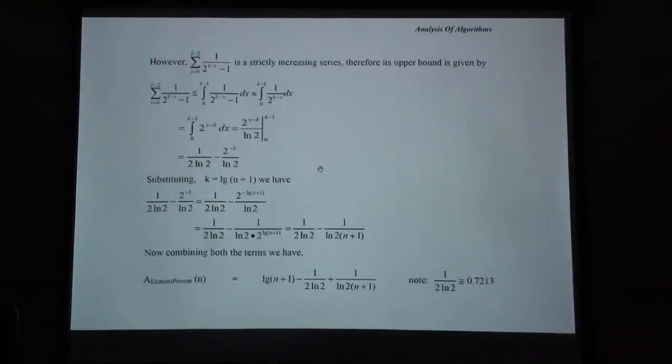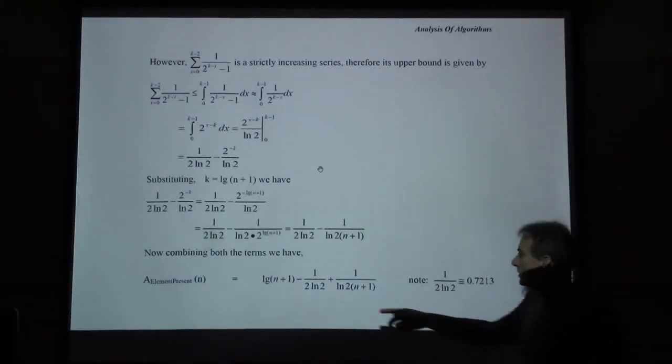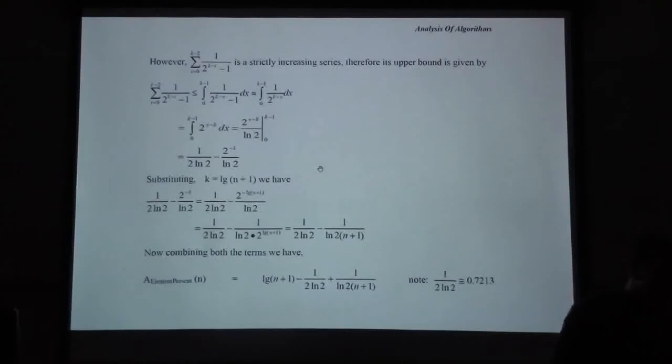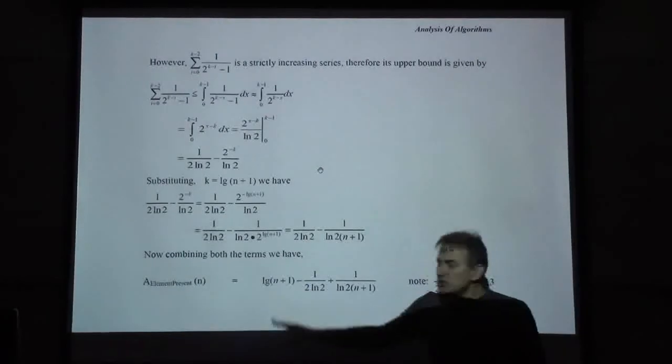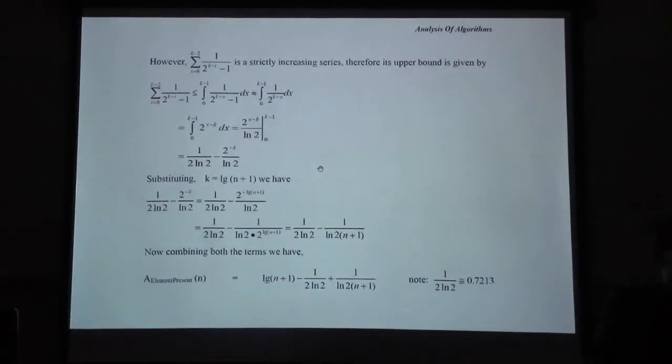So for example, if n is equal to 1023, then 1023 plus 1 is 1024. lg of that is going to be what? 10.